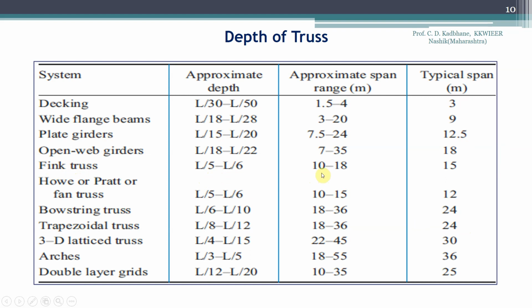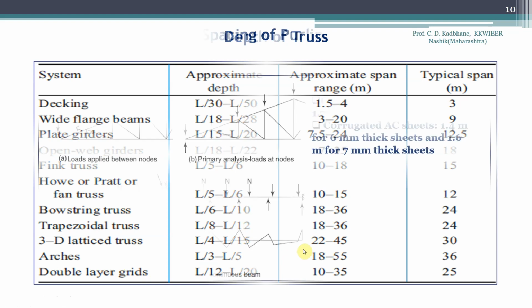Approximate span for Fink truss is 10 to 18. Typical span is 50 meter. Similarly for howe or Pratt truss or fan truss, approximate depth is L by 5 to L by 6 and their span ranging between 10 meter to 50 meter, typical span 12 meter. Similarly, for other types of trusses or girders, the values are mentioned in the table.